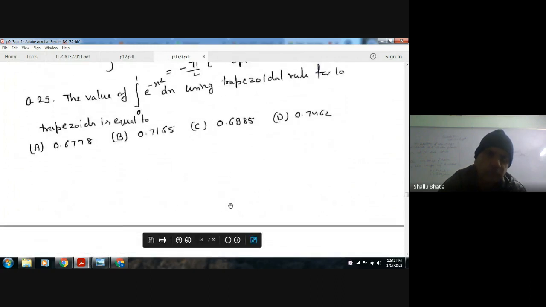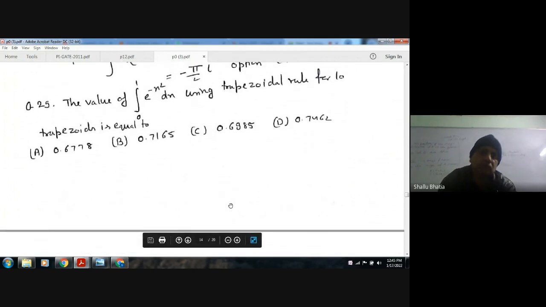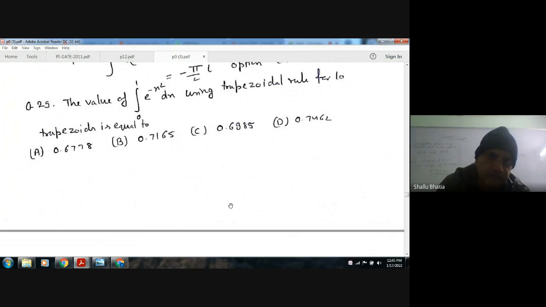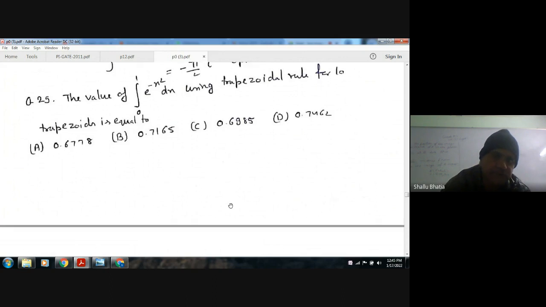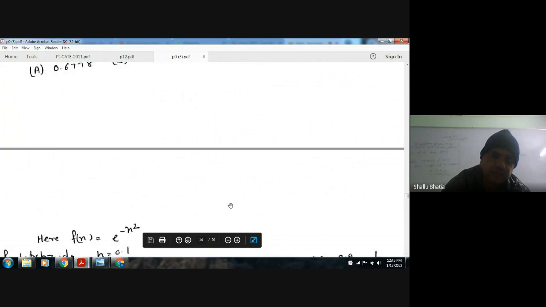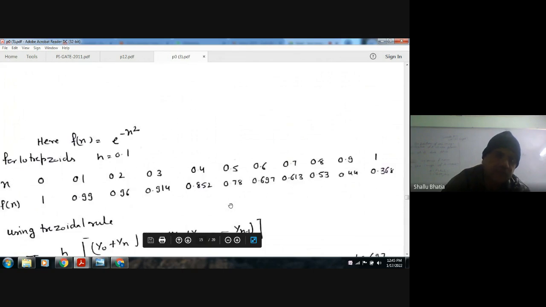The value of the integral from 0 to 1 of e to the minus x square dx, using the trapezoidal rule with 10 trapezoids, is: option A 0.6778, B 0.7165, C 0.6985, D 0.7462. Here f(x) is e to the minus x square.